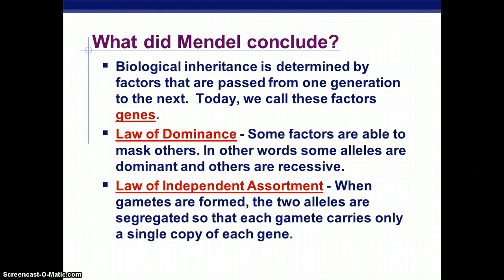For the law of dominance, some factors are able to mask others. In other words, some alleles are dominant and others are recessive. The law of independent assortment deals with meiosis. So when gametes are formed, the two alleles are segregated so that each gamete carries only a single copy of the gene.